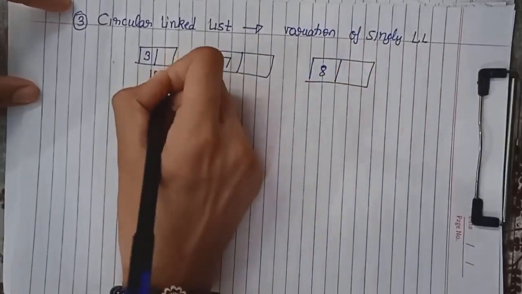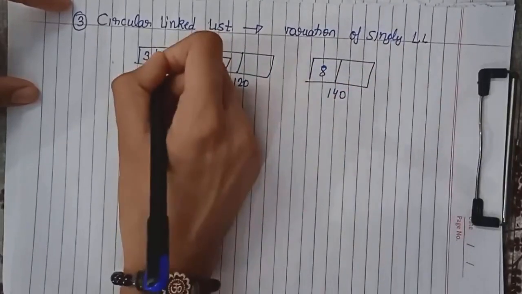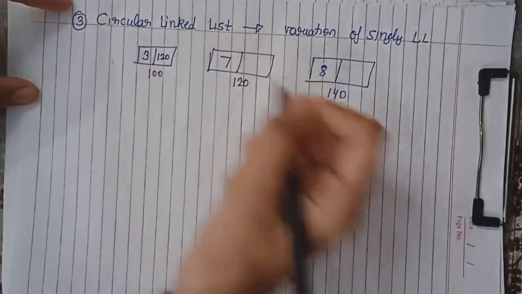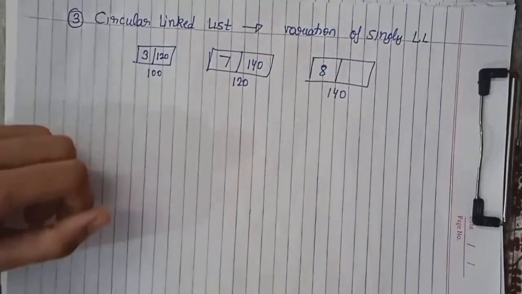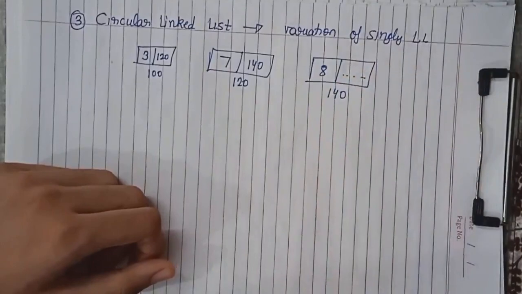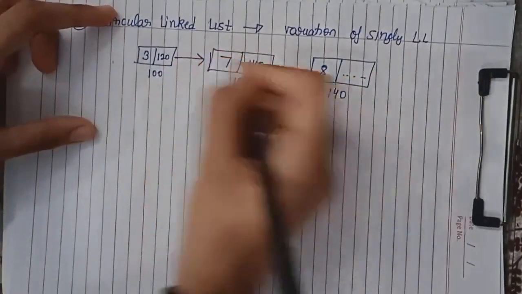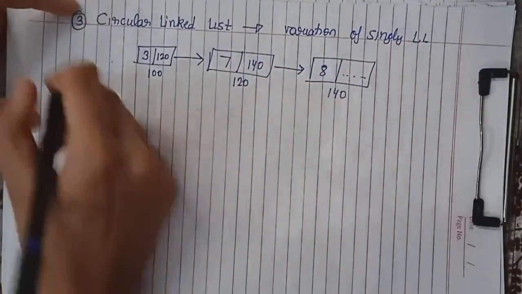Its addresses are 100, 120, 140. So here the address which we will have is 120, here the address which we have is 140. And in the previous case the address here used to be null. So we have seen that earlier the singly linked list was like that.